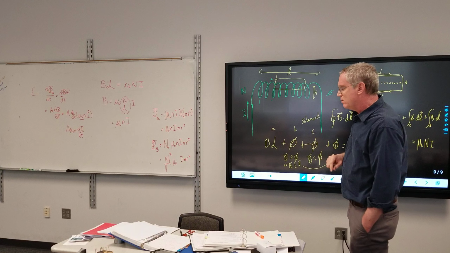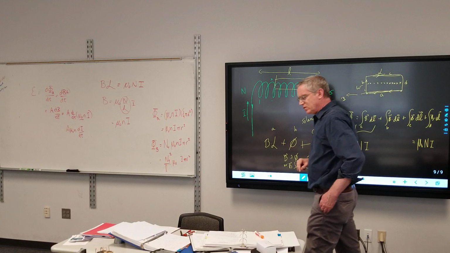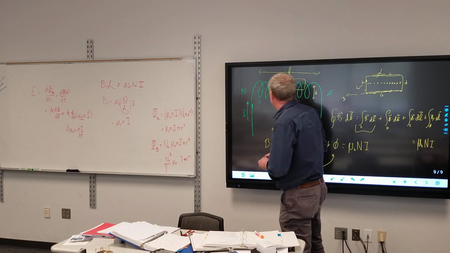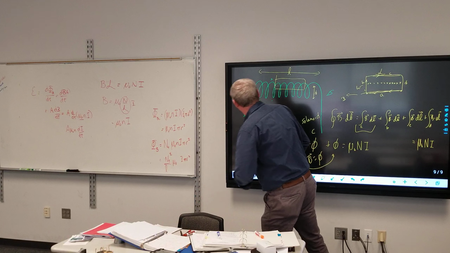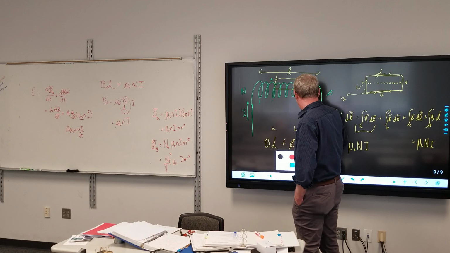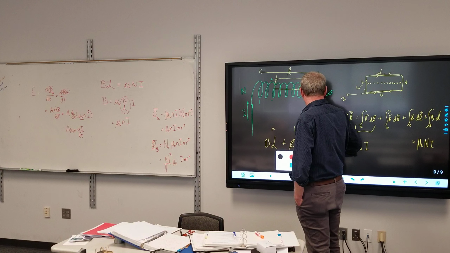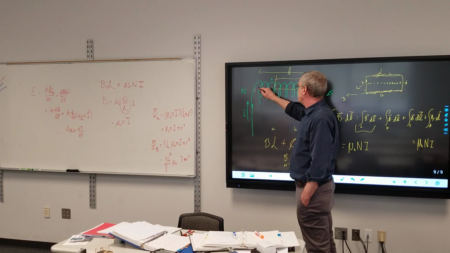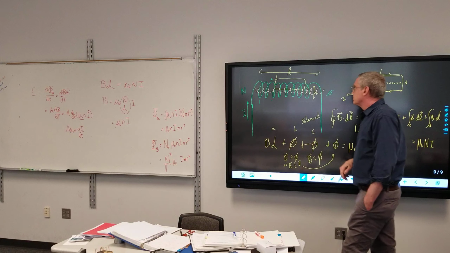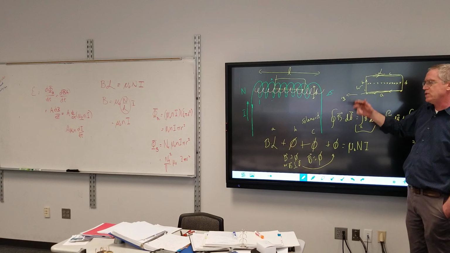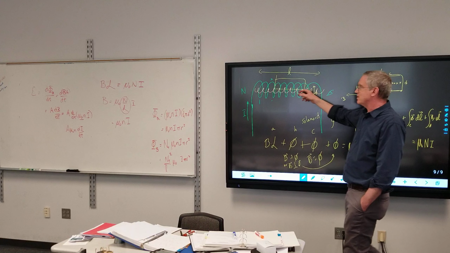However, we did not test that. What we tested is we had a second set of wires here. Let's go for tan. We had a secondary set of wires inside here. And so this changing magnetic flux is affecting the second set of wires.